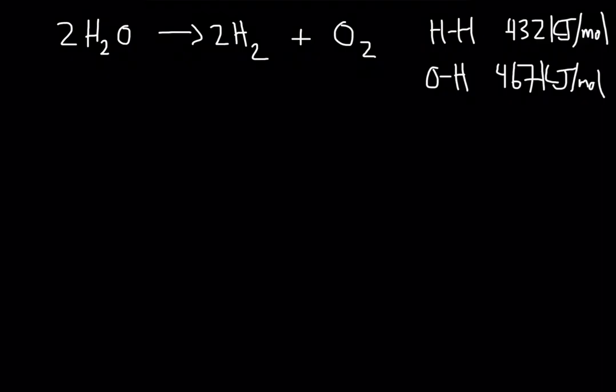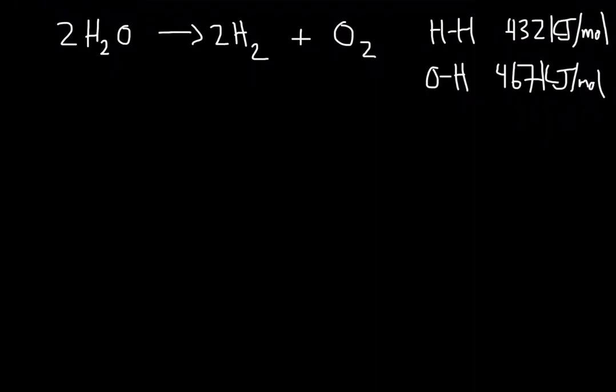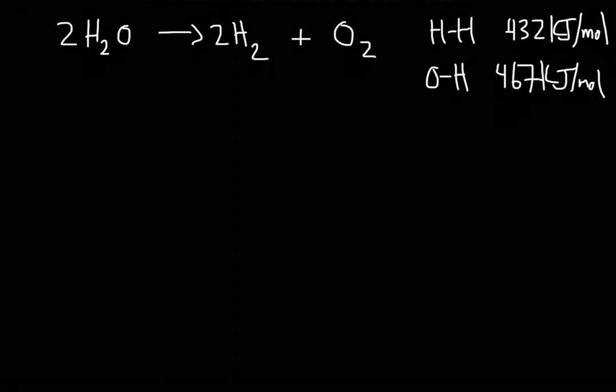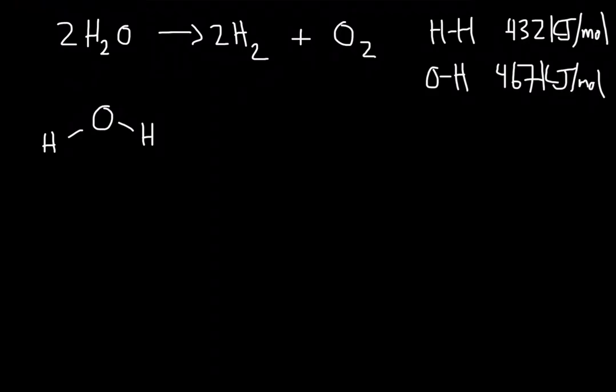When calculating the bond energy, I recommend you first draw its structure. Water would be like this, and we don't need to care about the lone pairs because that's not the deal right now. We care about the bonds, and we know we have 2 of these.